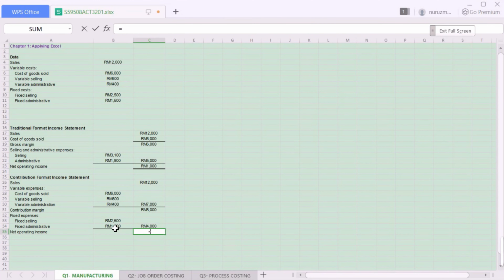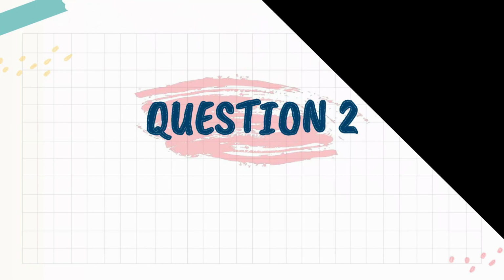Net operating income, contribution margin 5,000 minus fixed expense 4,000 equals 1,000. So the net operating income in the traditional format income statement and contribution margin format income statement must be the same, which is 1,000 ringgit.